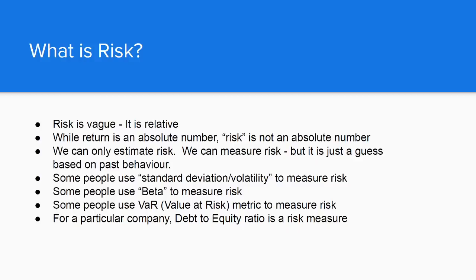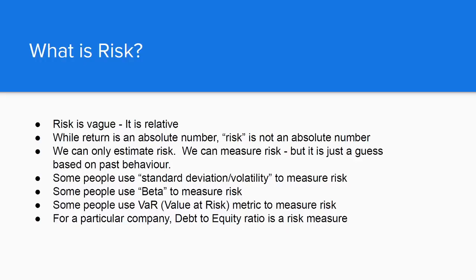So we can only estimate risk based on past behavior, or based on what you think is going to happen in future. Now this is an estimation. It can be close to what actually happens, or sometimes it may not. It is completely based on past behavior that we measure this risk.